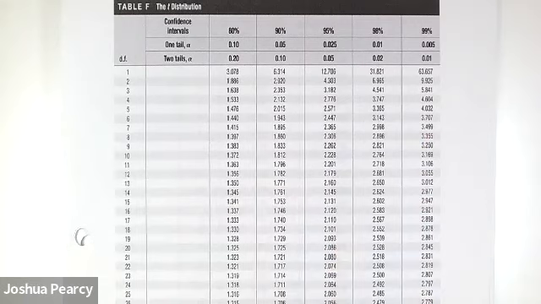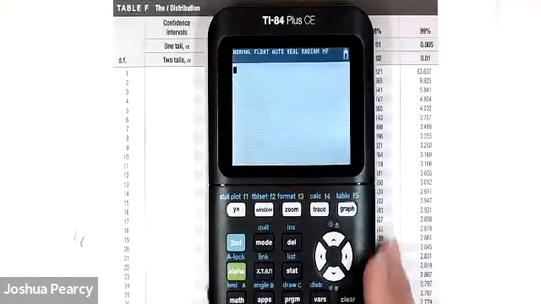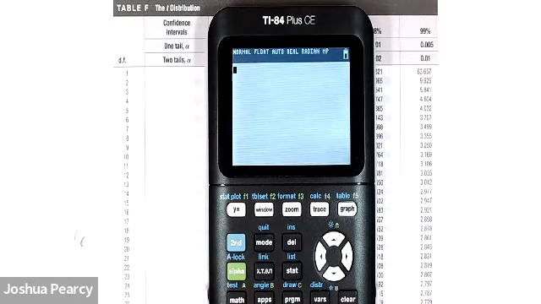Do you want me to show you how to find it on the calculator as well? Doing that, it's kind of like how we did earlier. You'll go second, vars, then you'll go to inverse t.